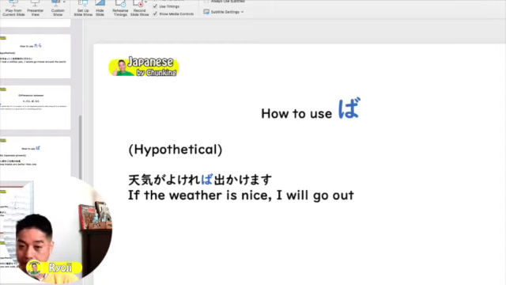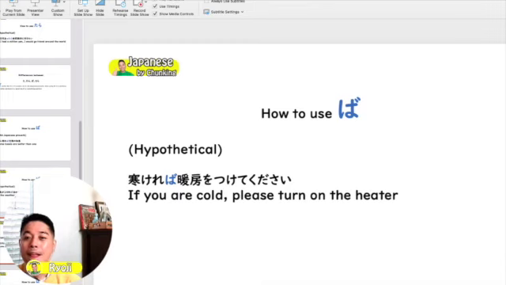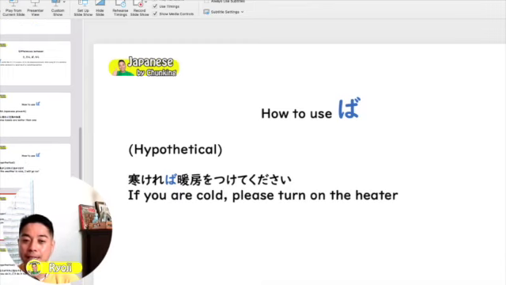So when you're talking about hypothetical situation, so tomorrow if the weather is nice, I will go out. 明日、天気が良ければ出かけます。In this case, you can use ば。Another hypothetical phrase is 寒ければ暖房をつけてください。So if you're cold or if you're feeling cold, please turn on the heater. 寒ければ暖房 is the heater. つけてください。You can put it on.